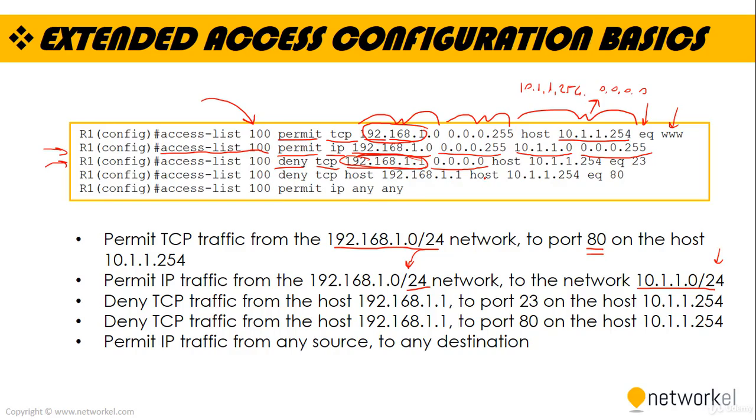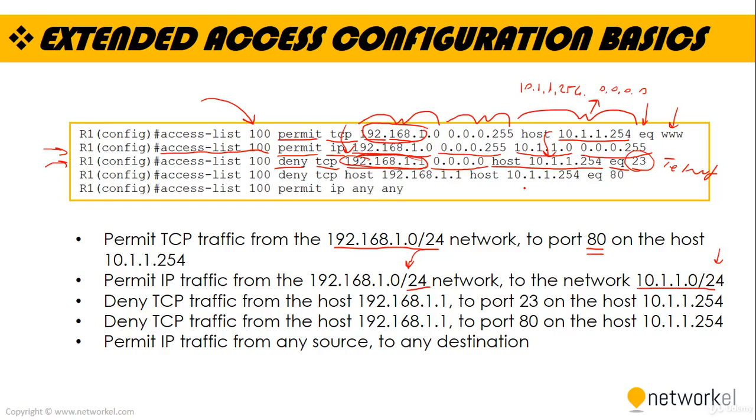The destination will be 10.1.1.254, equivalent to port 23, which is the telnet port. I'm denying the telnet traffic sourced from this host. Let's go with the fourth one.